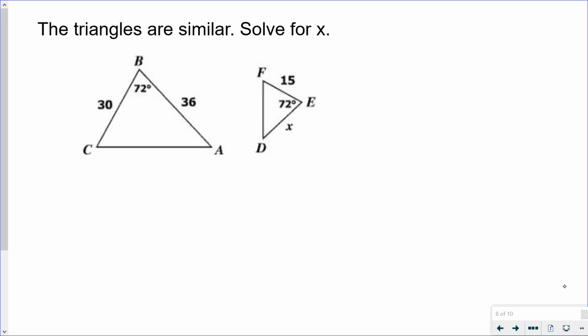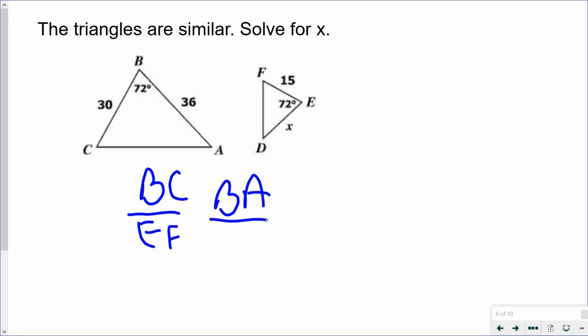So if I were to rotate triangle DEF counterclockwise 90 degrees, you'll notice that segment BC corresponds to segment EF, and segment BA corresponds to segment ED.